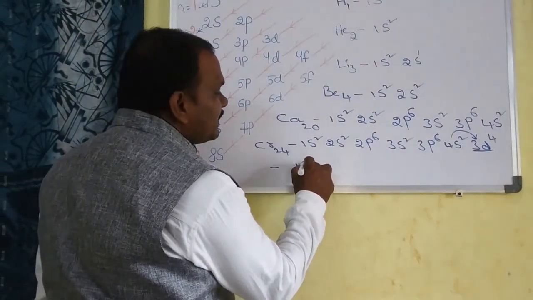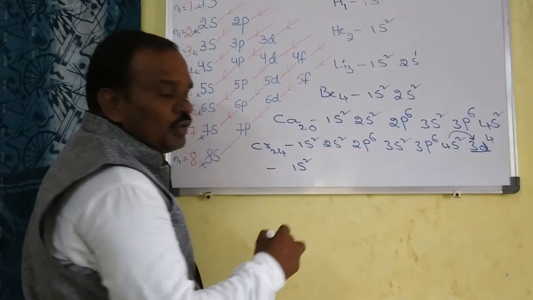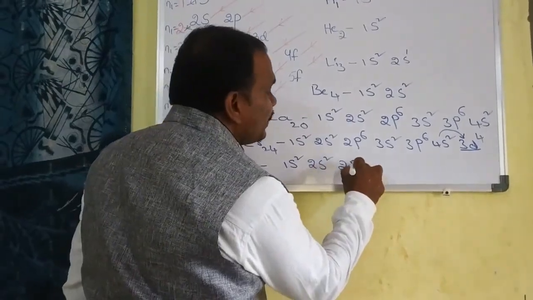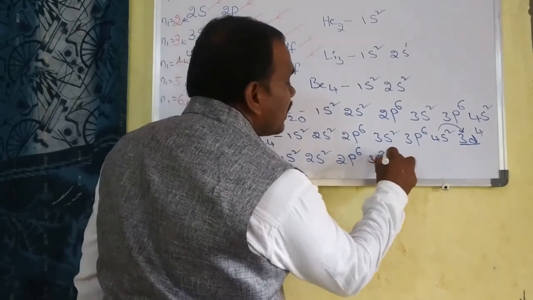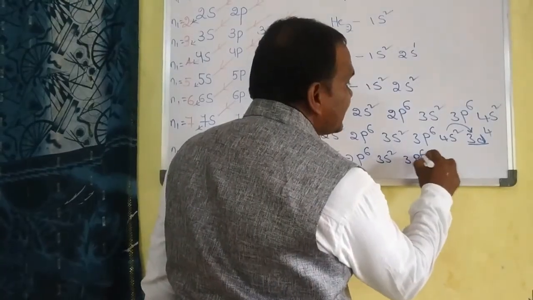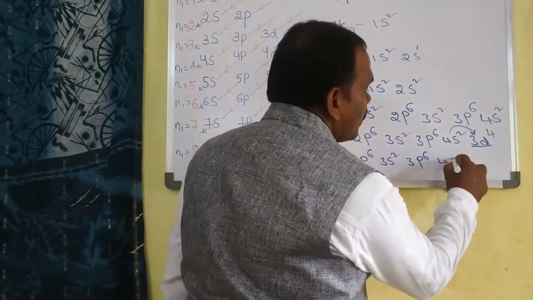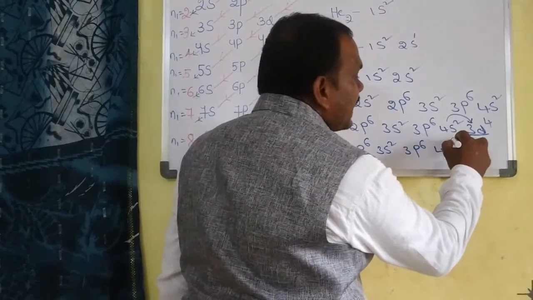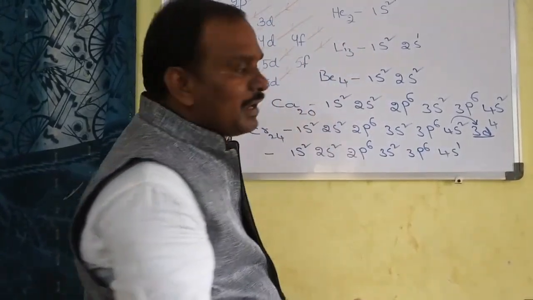You see now the stable electronic configuration of chromium. Tell me, students: 1s2, next 2s2, 2p6, 3s2, 3p6. Now one electron is transferred from 4s to 3d, means I write 4s1.